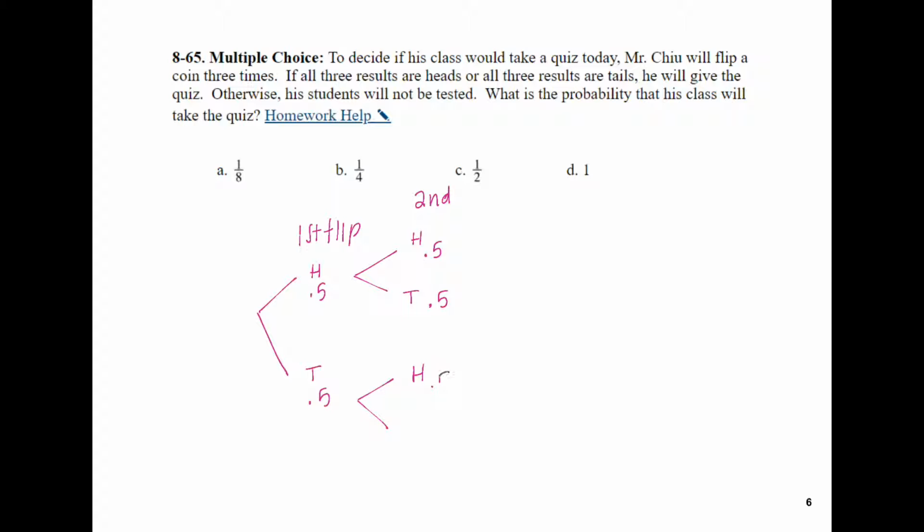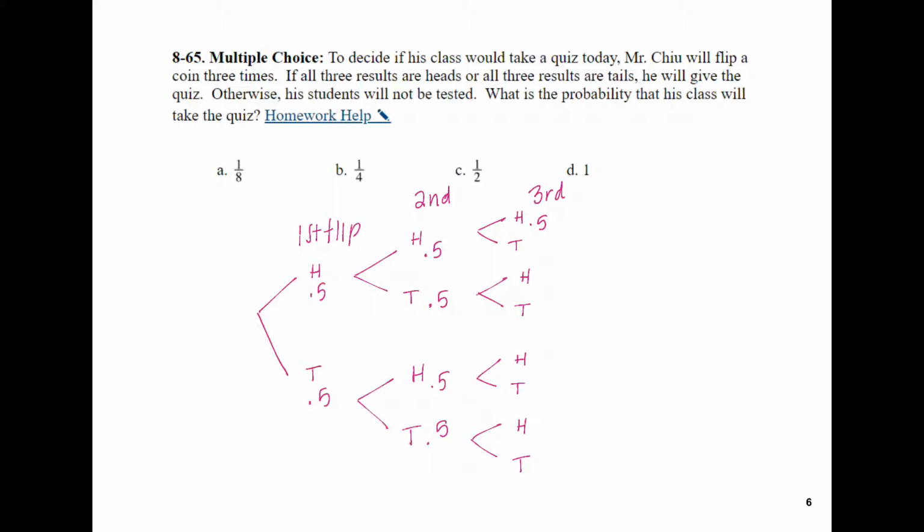We then have a third flip, again with a 50% chance of heads and a 50% chance of tails on each branch.